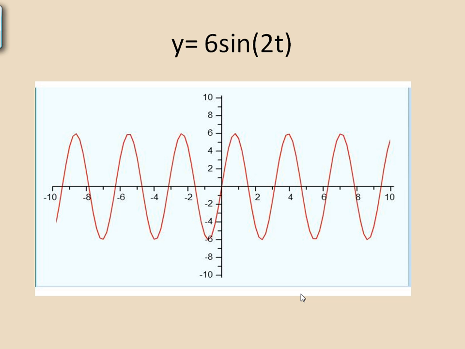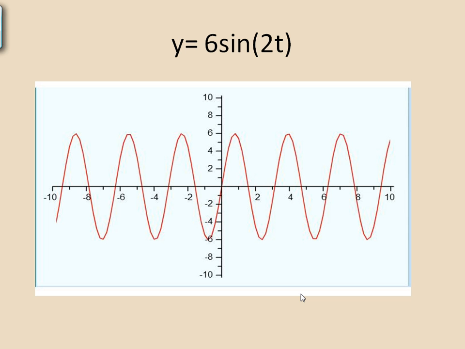So what happens when we change things up, when we throw in a multiplier outside and inside? How does that affect our graph? Because that's going to affect both our amplitude and our period when we talk about multiplication. If we have the graph y equals 6 sine 2t, let's look at the amplitude.